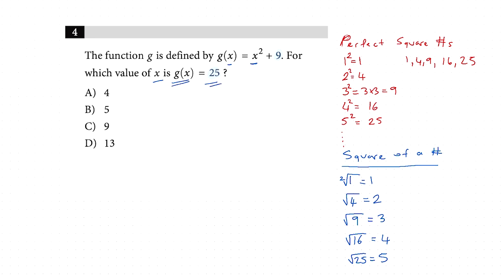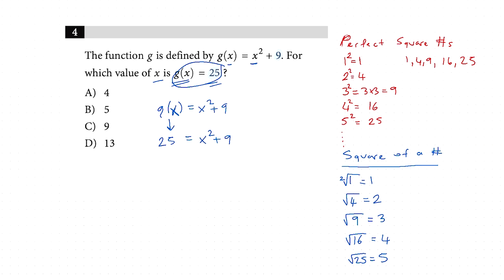I'm going to write down the equation: g of x equals x squared plus 9, and g of x is equal to 25. So I can replace g of x with 25, and I get 25 equals x squared plus 9.